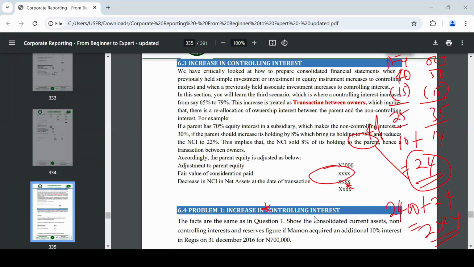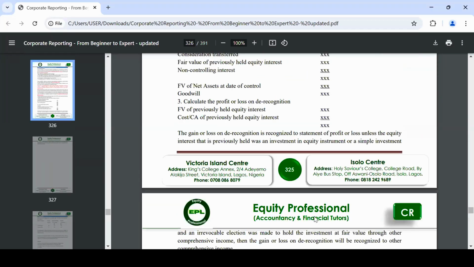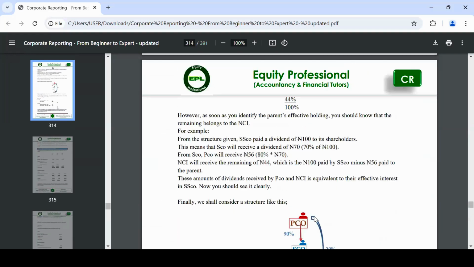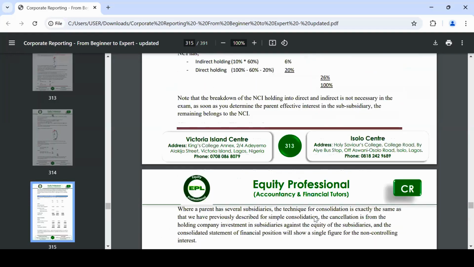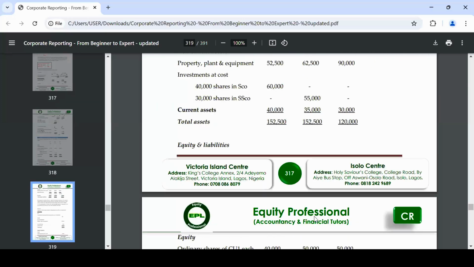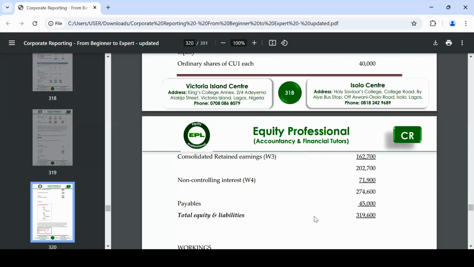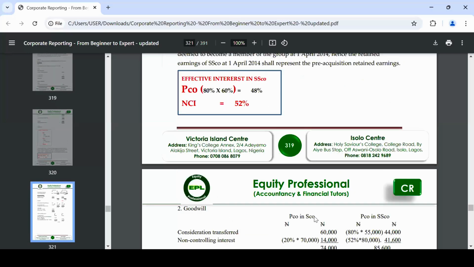Let me just quickly take you there so that you will recall. Although I made more explanation around the first 2 that we have looked at, there is a third one. You may not have paid so much attention to it. Let me quickly remind you.